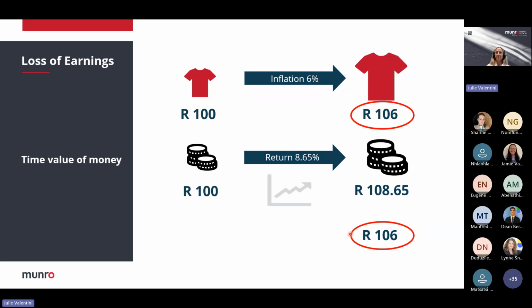But we basically discount the 106 Rand for 1 year at 8.65%, and we can work out that you actually need to invest 97 Rand and 56 cents. If it grows by 8.65%, it'll be enough to cover the T-shirt next year. So that's a very simple concept that I just wanted to show you in simplistic terms, assuming there's a T-shirt.